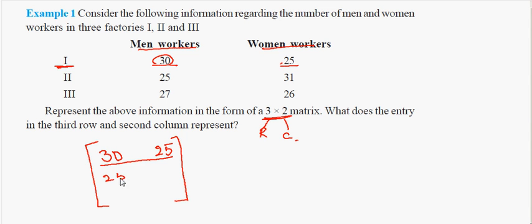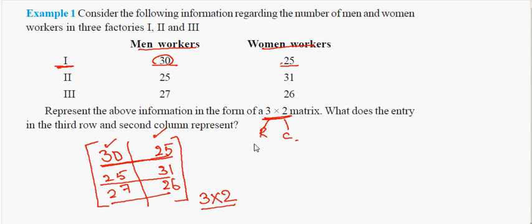Similarly 25, 31, 27 and 26. For the order of the matrix, you can see the first row, second row and third row, so it will be 3 by 2. This is the first column and this is the second column. Now we have represented it in the form of a 3 by 2 matrix.